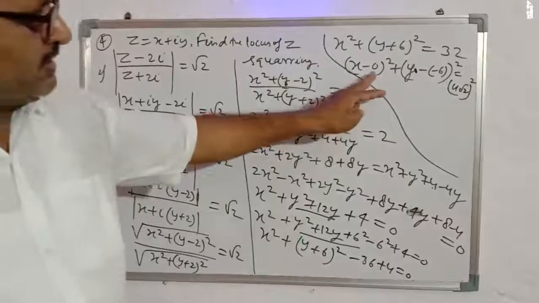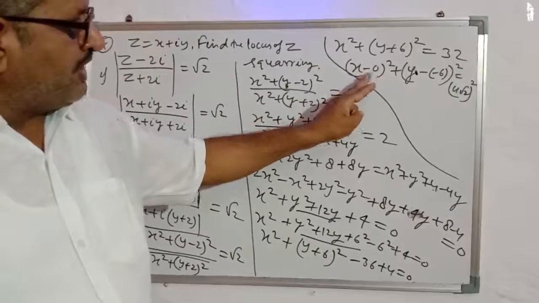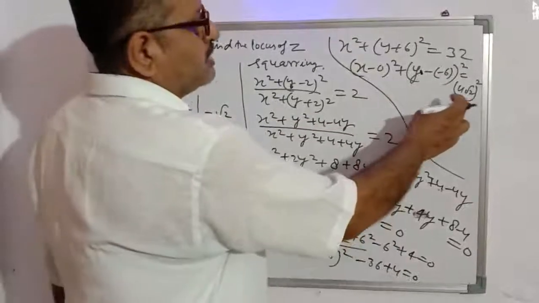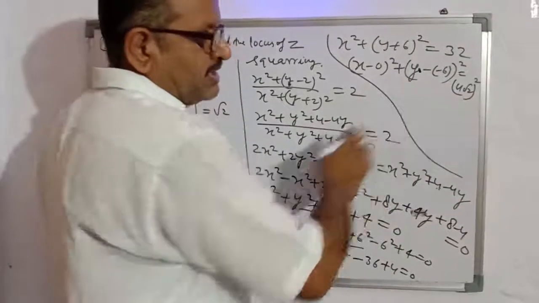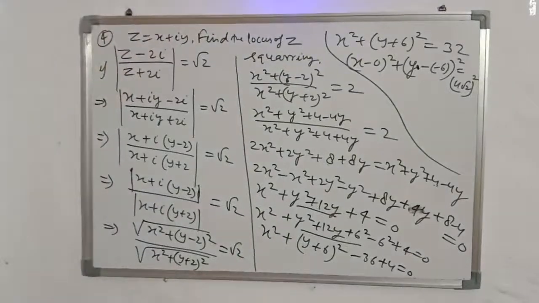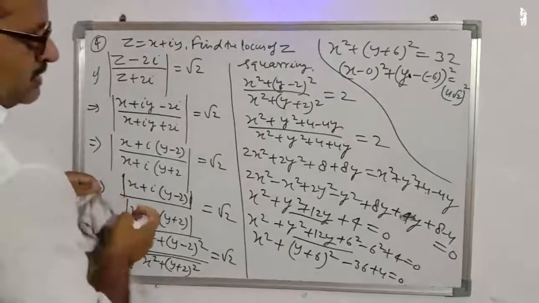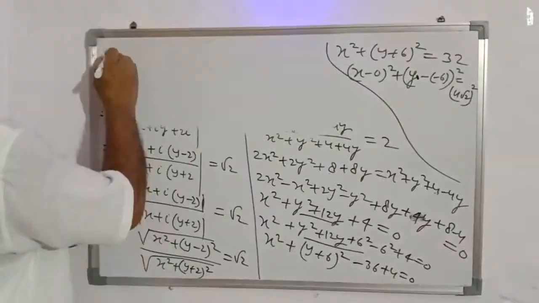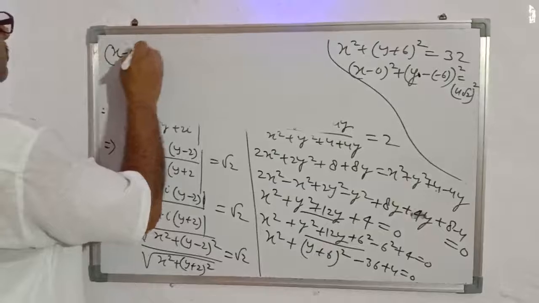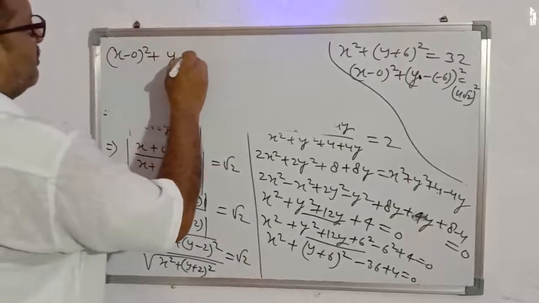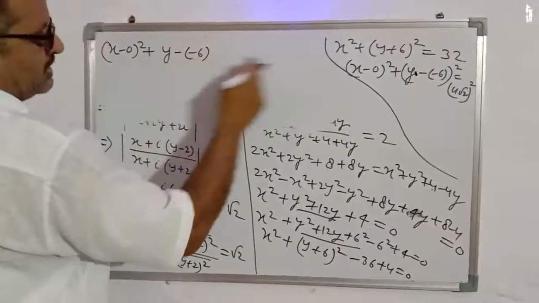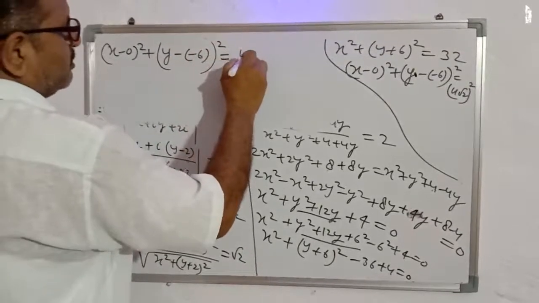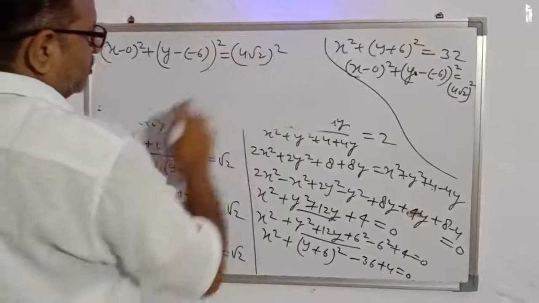So what does it represent? It is in the form (x − x0)² + (y − y0)² = r², which means it represents a circle. It is (x − 0)² + (y + 6)², which can be (y + 6)² = (4√2)².